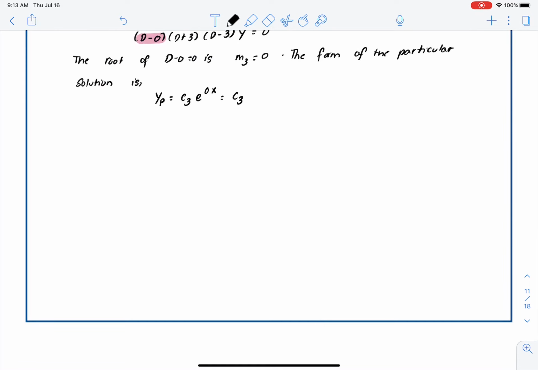So that would imply yp prime equals 0, yp double prime is also equal to 0.